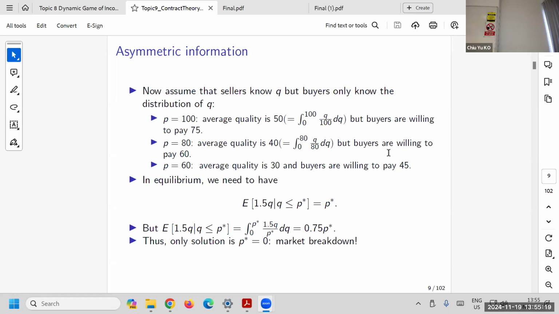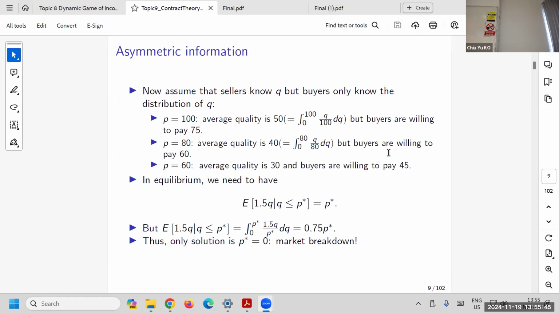Because this is uniform up to P star, this is the distribution. And easily, if you put P star equal to this, P star must be 0, because P star equals 0.75 P star, and the only solution is 0.